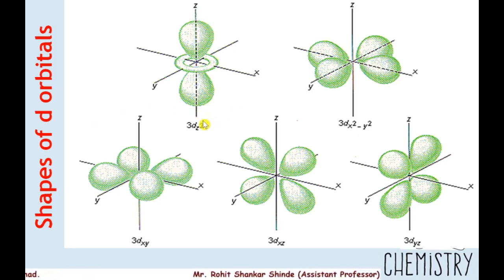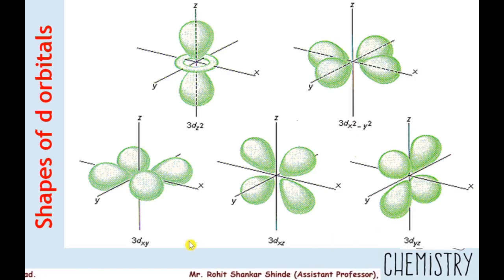First, dz square and dx square minus y square orbitals form one set having their lobes pointing along the axis. Second, dxy, dxz, dyz, these three orbitals form the second set and have lobes present in between the axis.